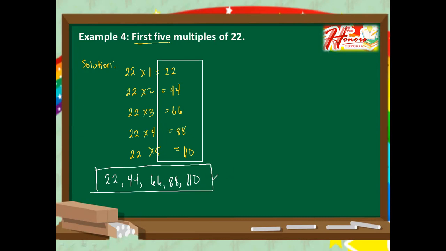It is because this statement is not an infinite statement. Okay? We have here a restriction. We know what we need. Only the first 5 multiples of 22. Now we have here the first 5. So therefore, there's no number after that. First 5 only. So that is the restriction and the limitation of the statement.